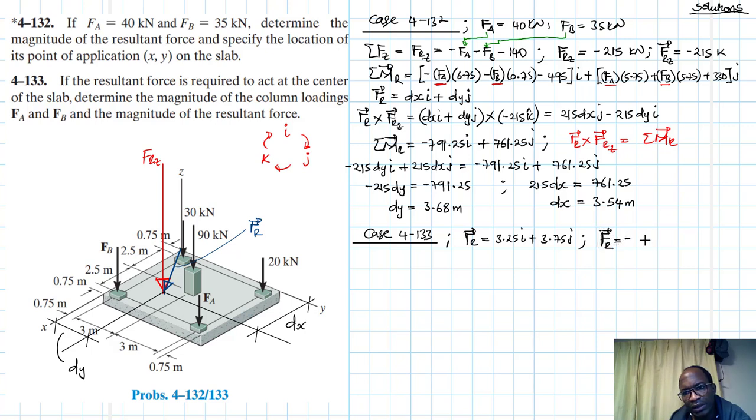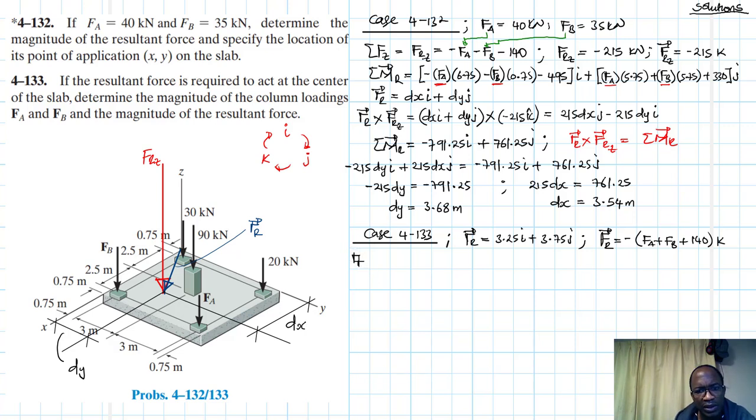It will be minus FA plus FB plus 140. I've put a negative there. It's all facing down. So now we'll need to cross that and then later on equate it to the moment that we already have in terms of FA and FB.